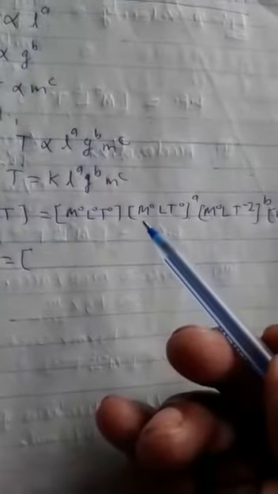Mathematically, M0 L0 T1, we can arrange all these physical quantities and convert them into one dimensional formula. So for mass, here its power is 0, here also 0, here also 0, here 1 into c. So we get 0 plus c, we get c.